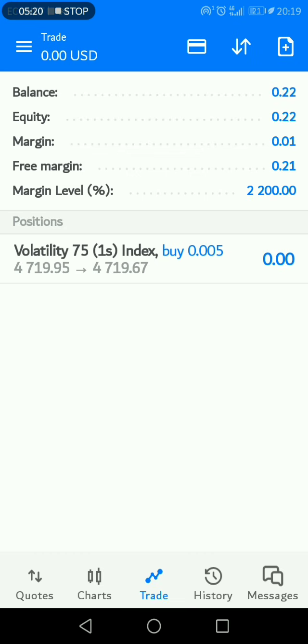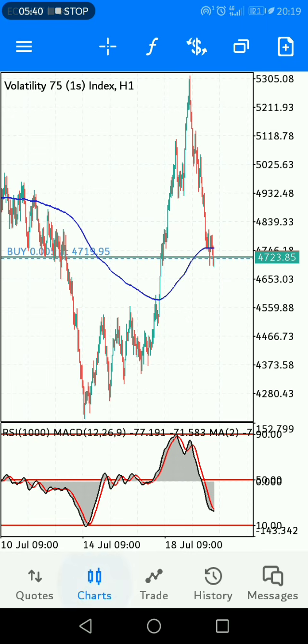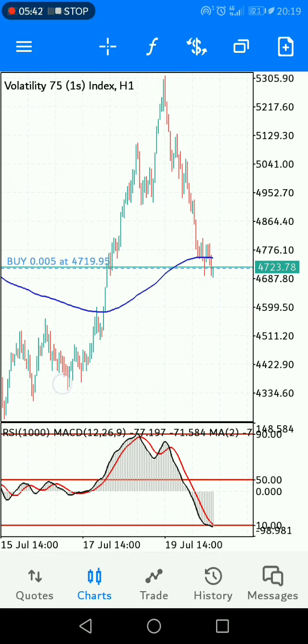And as you can see, as this market is moving, the margin doesn't move as much. So I think this was created only for very small accounts. Even if you have a $10 account, you can start with this so that you can gain some knowledge before you start risking much of your money. So I think this is a good thing.